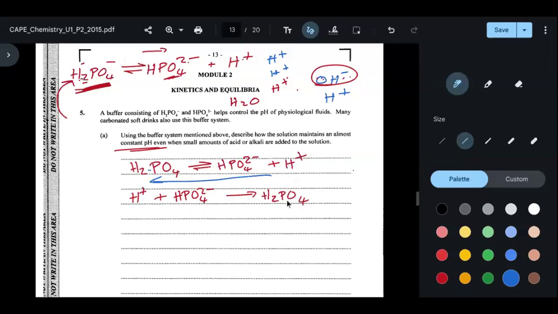You are getting H2PO4 minus. When you add hydroxide ion, it can combine with the hydrogen ion to form water. But this is a definite acid, so it should react as well with the hydrogen ion to give you water.